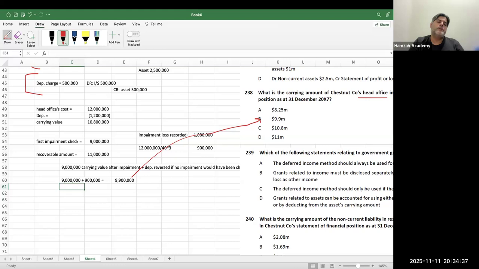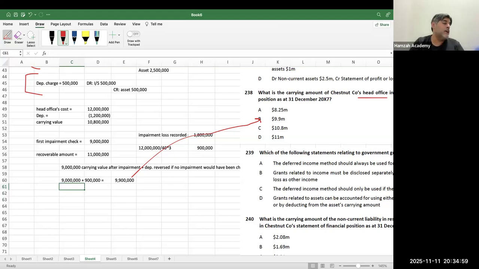Now, the story. The rule is simple: if you have an asset which is being impaired, and then that impairment is reversed in the future, you only reverse it up to the amount that the original carrying value would have been if there was no impairment.